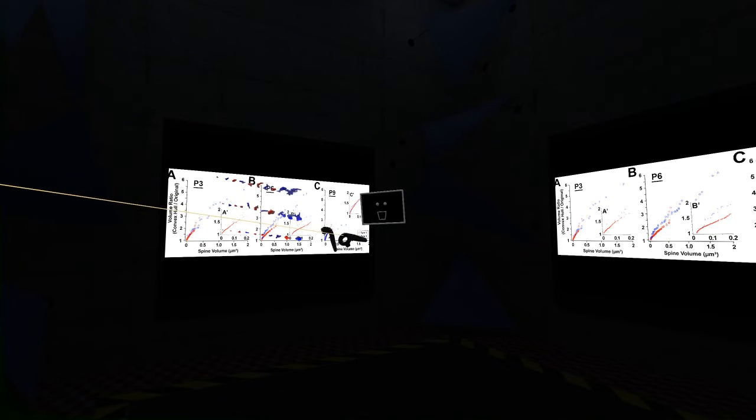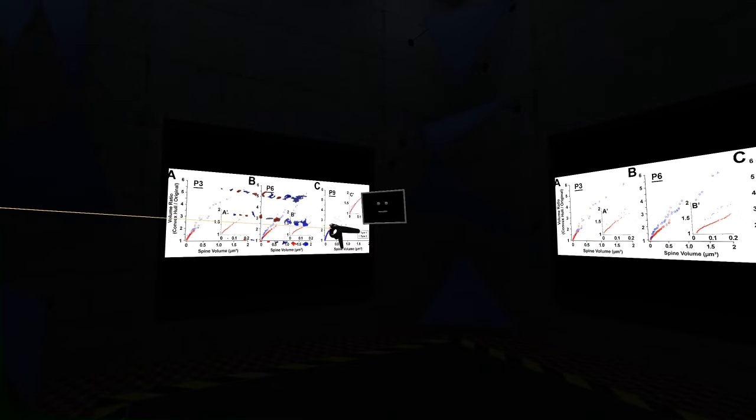If you look to the board, you can see, especially at P6, the volume ratio for type 2 spines, this is the volume ratio on the y-axis, is greater. The blue symbols are above the red in most cases. And note also that many type 2 spines, the blue symbols off to the right here, are larger than any of the type 1 spines.